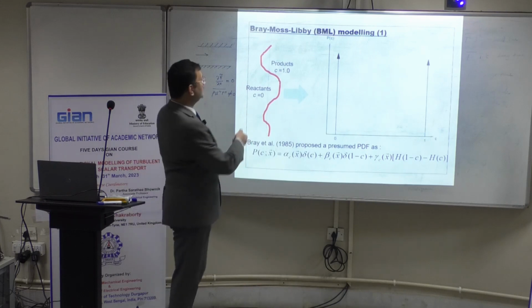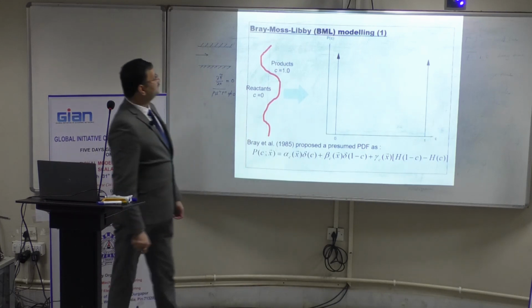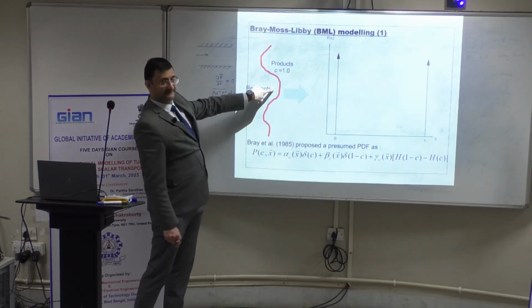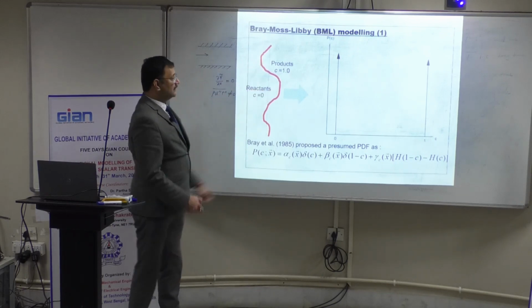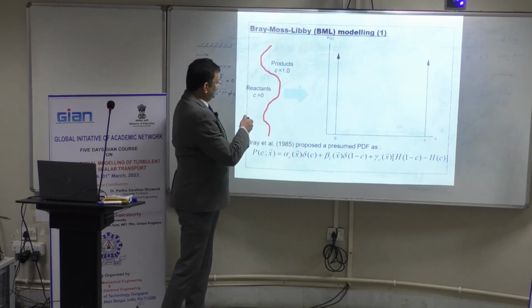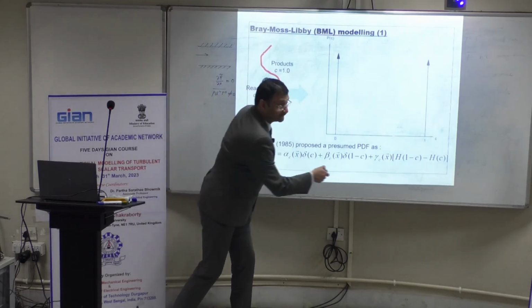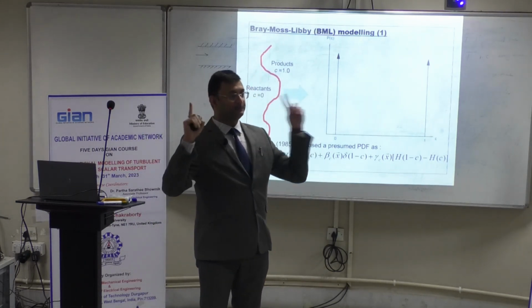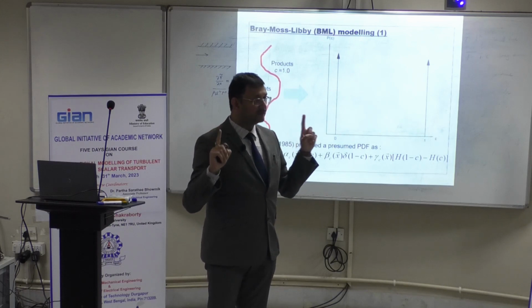So if I am sampling along this line, most of the time I'm seeing either product or reactant. Sometimes when the flame passes, this part gives me this bit. But there are two peaks, right? At C equal to 0, at C equal to 1.